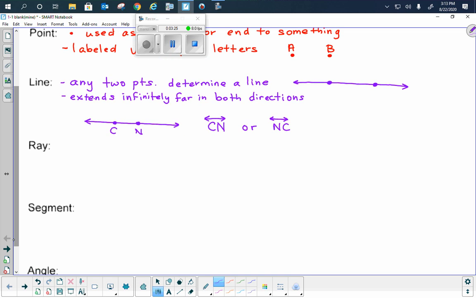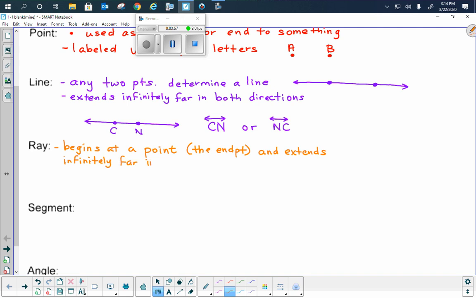That would still give you the same picture. Okay, moving on to a ray. So a ray begins at a point called an endpoint, which I'm just abbreviating, and extends infinitely far in one direction only.